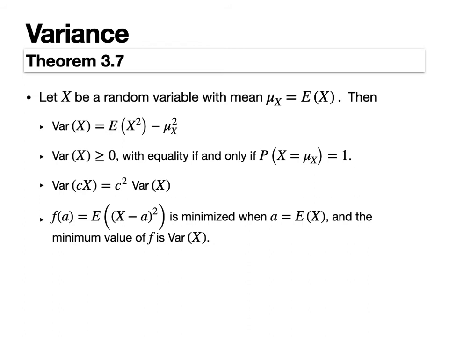And if that happens, what you have there is f of the expected value of x, f of mu sub x, which would be just the definition of variance, right? If you replace a by mu sub x, you're getting the variance. So that means that this function is minimized when a is the expected value of x, and the minimum value of that function is the variance of x.